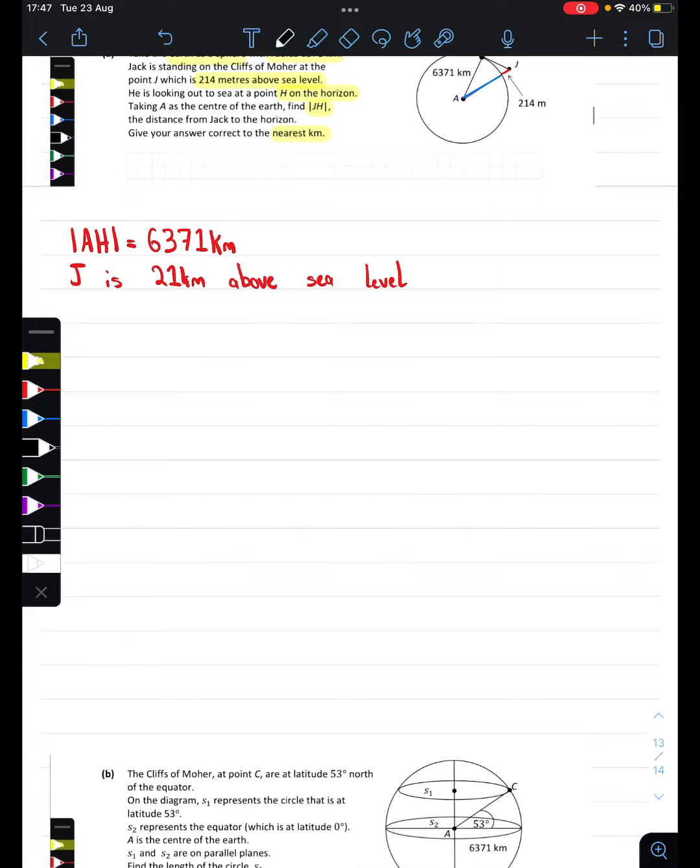So the distance AJ is 6,371 kilometers plus 214 meters. So we can write it as, if we're going to keep it in terms of kilometers, 6,371.214 kilometers.